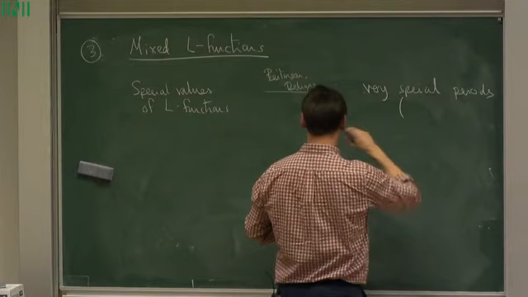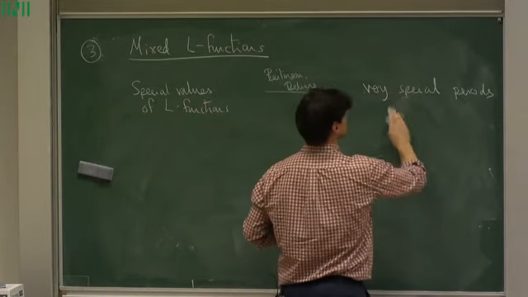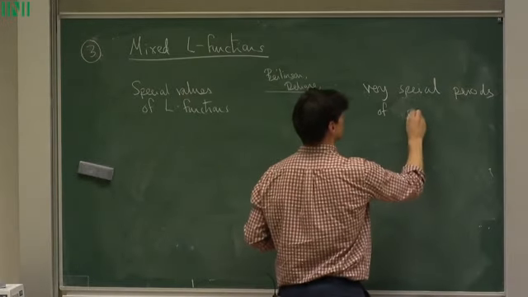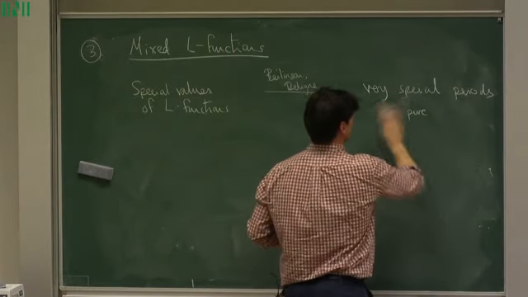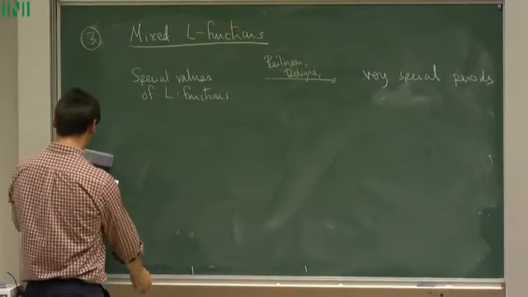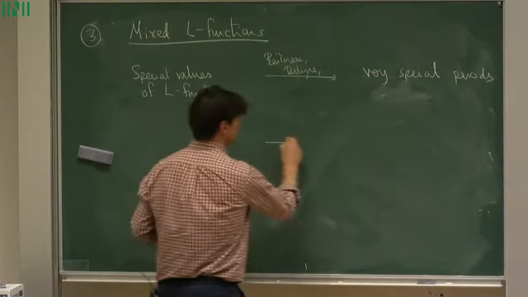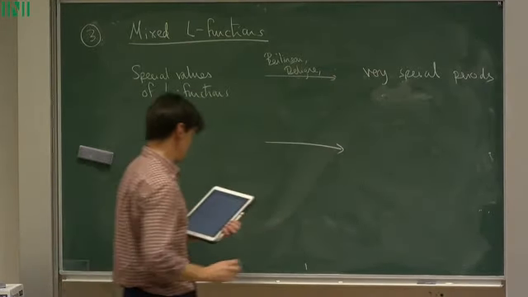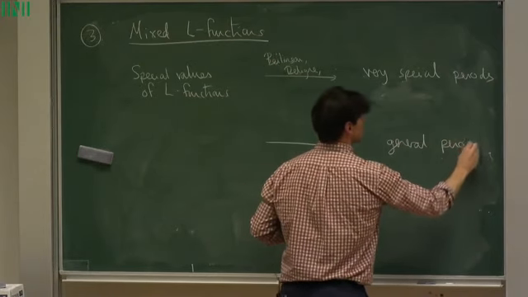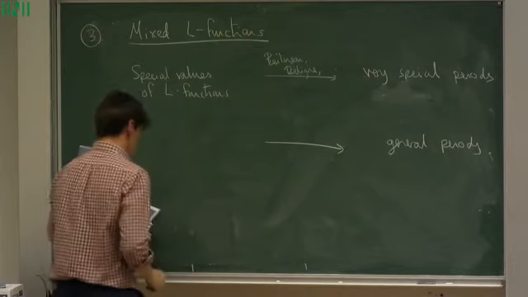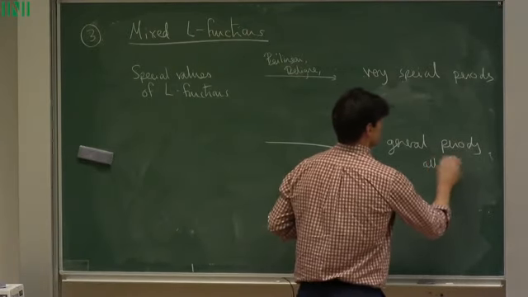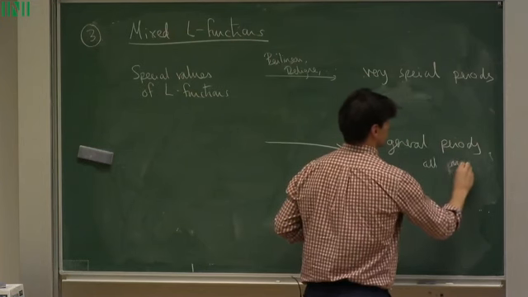And these should be periods of very simple types of motives, so pure motives or simple extensions, possibly bi-extensions. I believe very strongly that there should be a much larger picture here, general periods, that it's possible to extend this enormously, to a much more general class of periods, possibly of all motives.